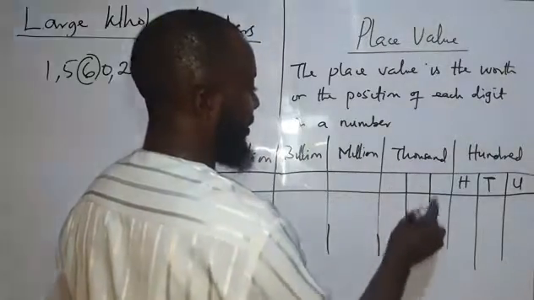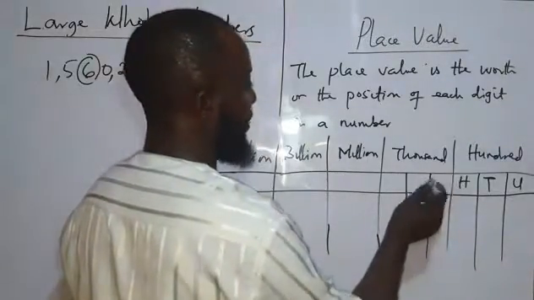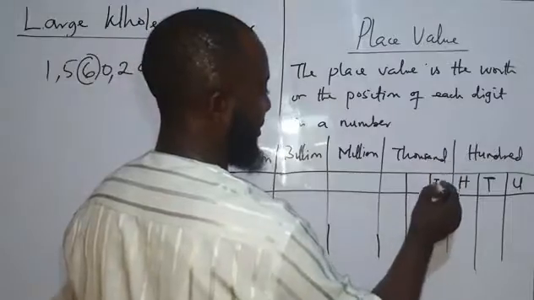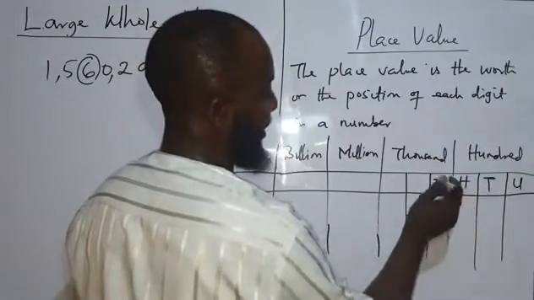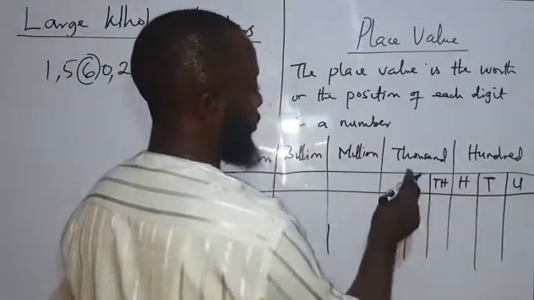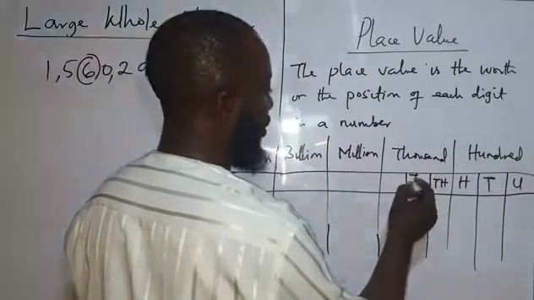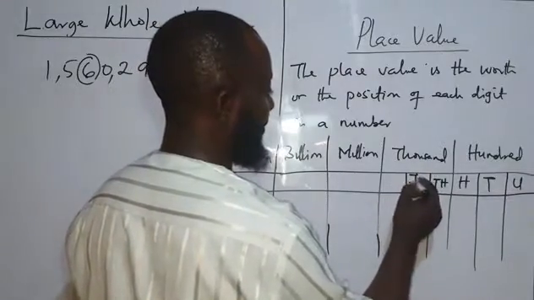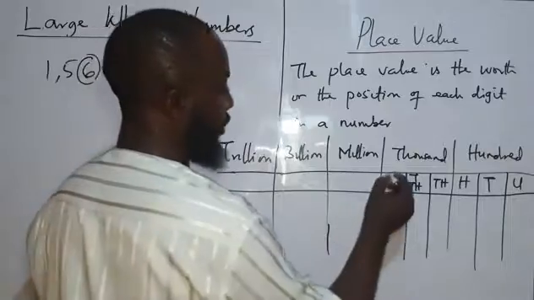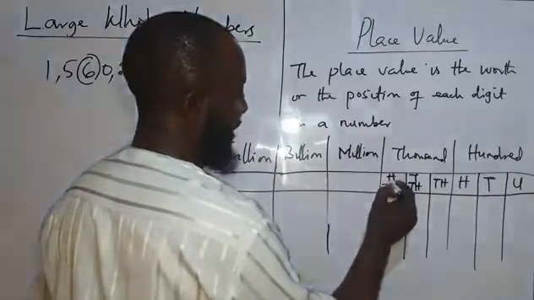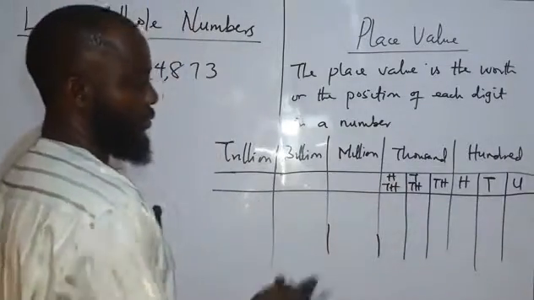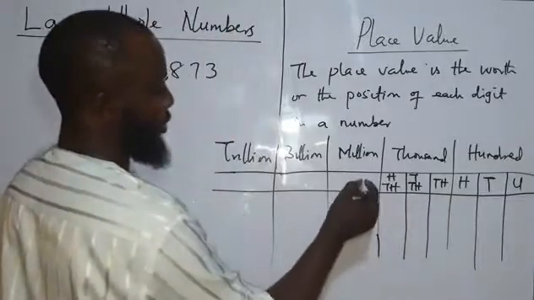So instead of writing units here, this will be thousand. After hundreds, the next one is thousand. So this will be tens of thousand, and this one hundreds of thousand.